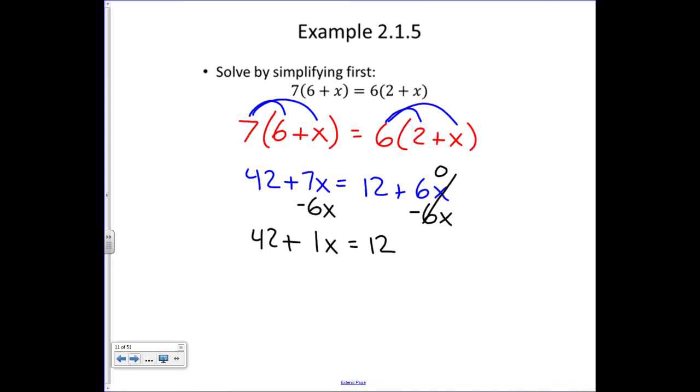And so now to get x by itself, we're just going to subtract 42 from both sides. And you get 1x, or just x, equals 12 minus 42. You're going to get negative 30.